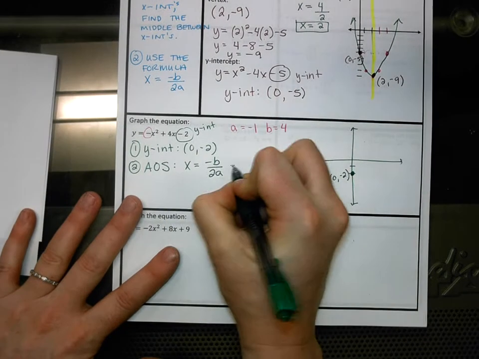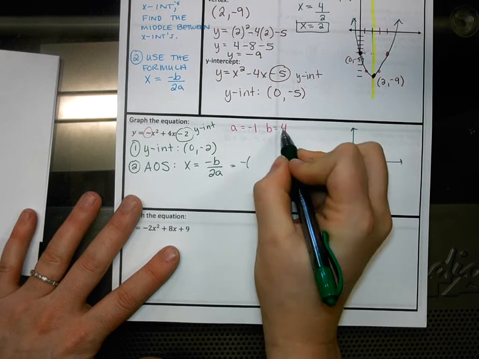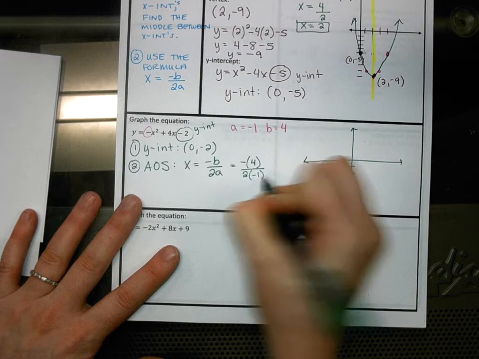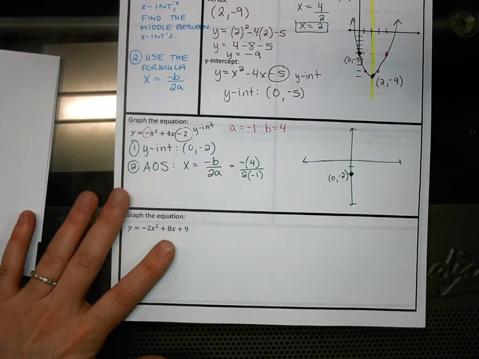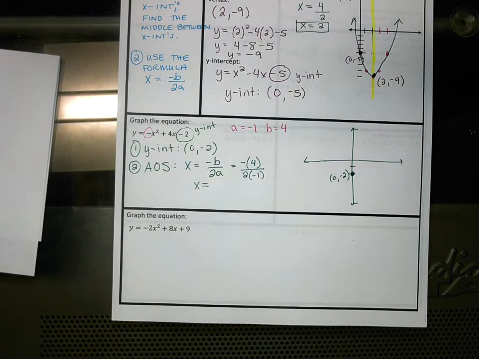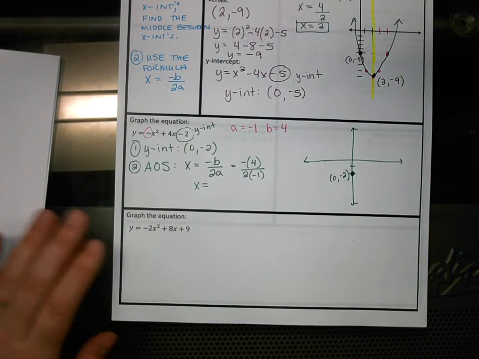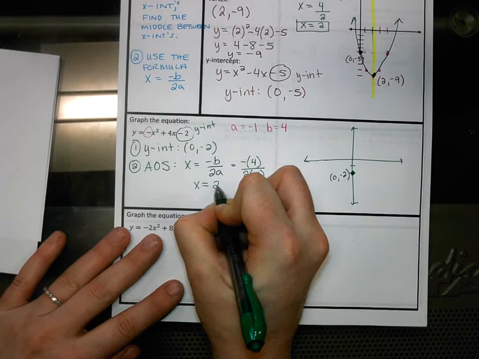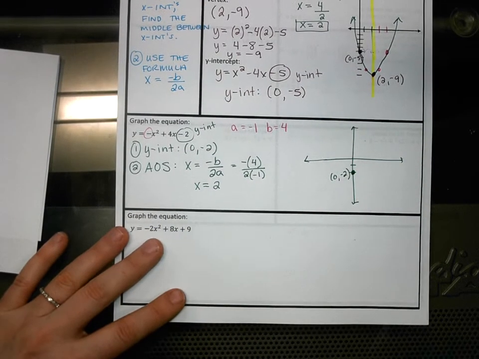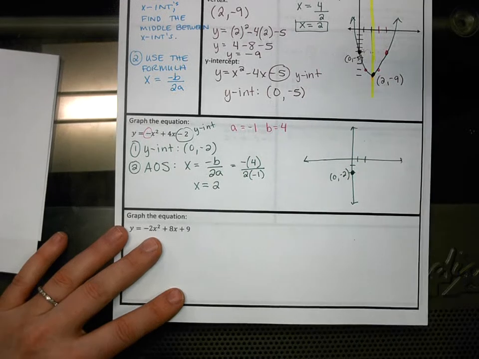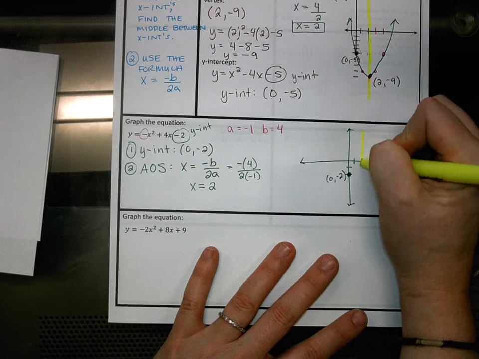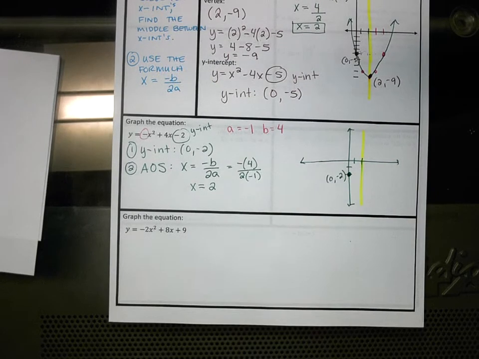So we get negative 4 over 2 times negative 1. So negative 4 divided by negative 2 is 2. 2 again. So I can plot that. I'm going to go 1, 2 on the x-axis and draw in my axis of symmetry. You can use a highlighter or a dashed line.